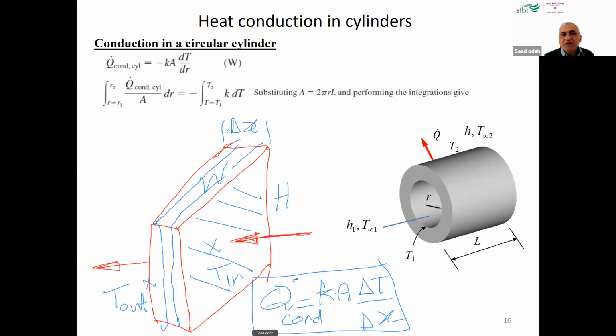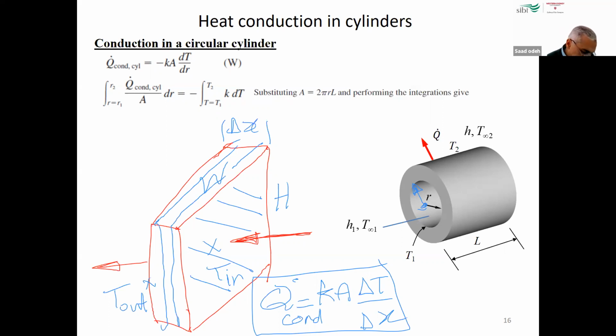Now, if we take another type of surface, such as cylinders. If you look at the cylinder here, we have heat transfer from inside, for example, to outside. You can see that the surface area of the cylinder depends on the radius.